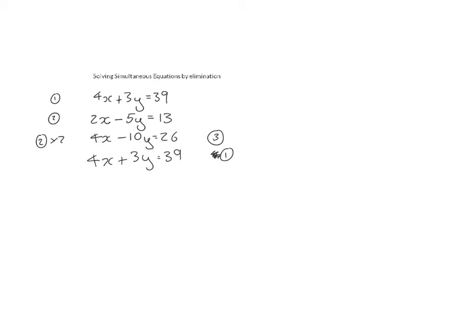Can you see we've got x is the same? Now this is where elimination gets you quicker to that equation with just y's in. We need to do something to both equations that will get rid of the x's. So what can we do between equation 3 and equation 1?